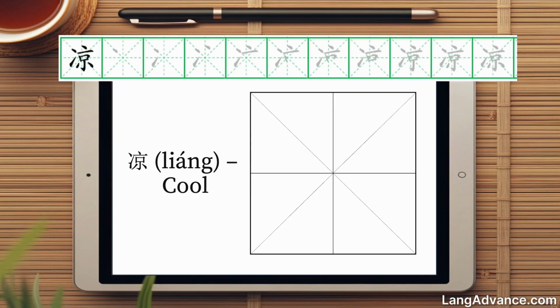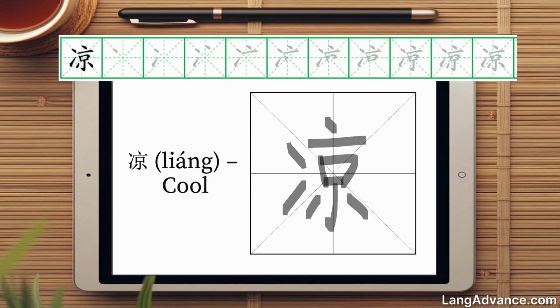Liang, which is cooling or cool. We have the vertical and the second part. Okay. Same thing. Vertical, 1/3. The main part, 2/3. Okay.